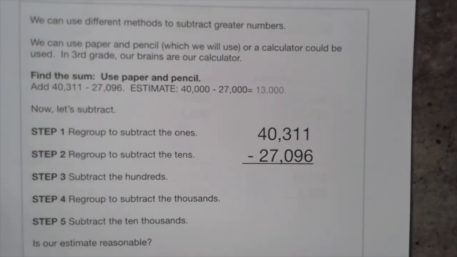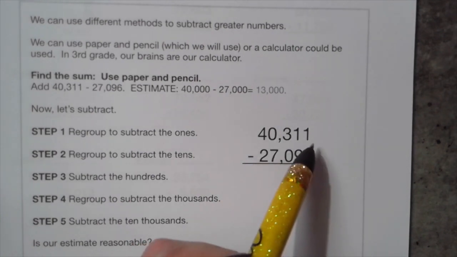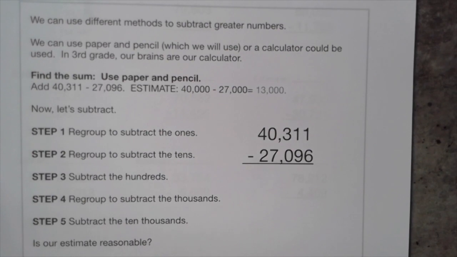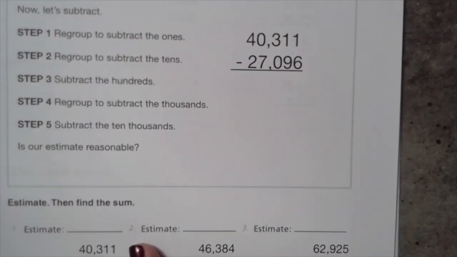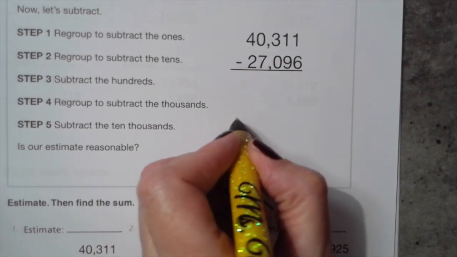Okay, so we're going to be doing exactly what we did, except we're going to have to estimate, right? Because I have 40,311 subtract 27,096. So estimating, I'm going to write that down here. This would round to 40,000.